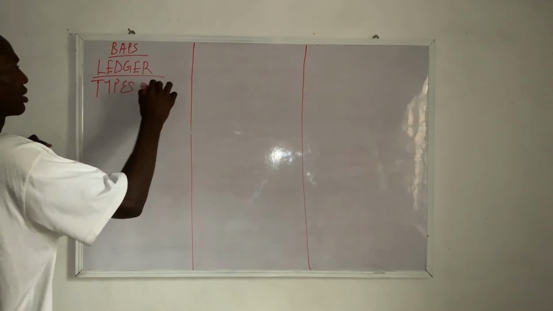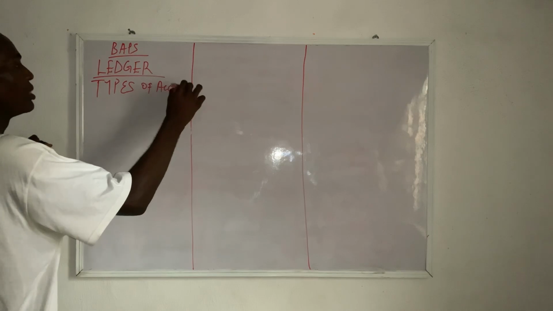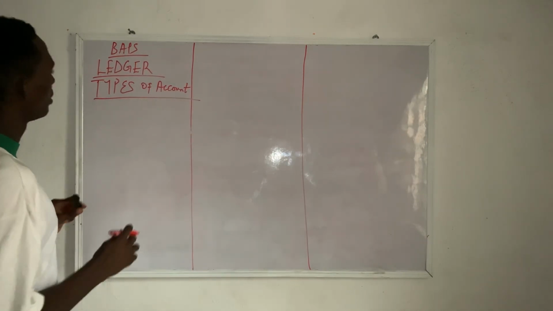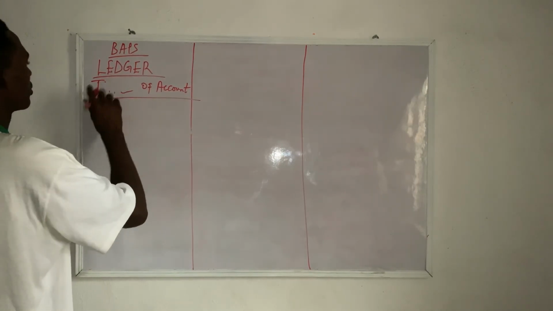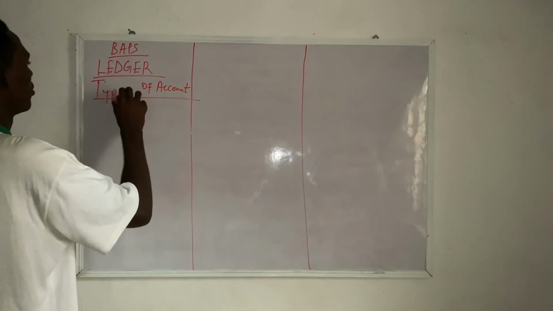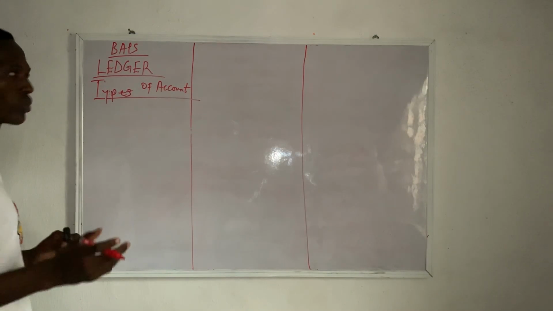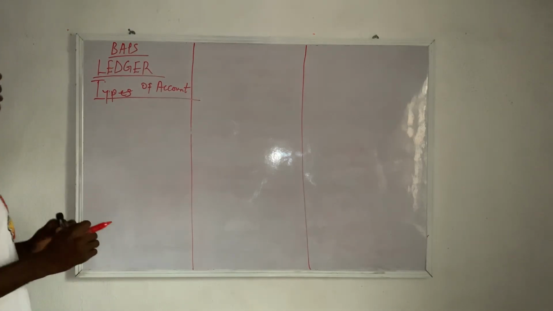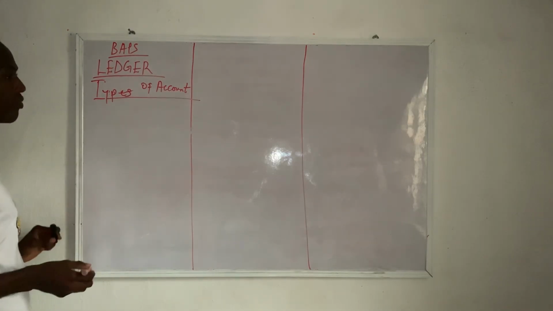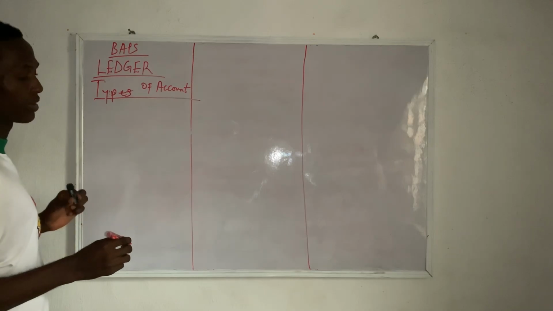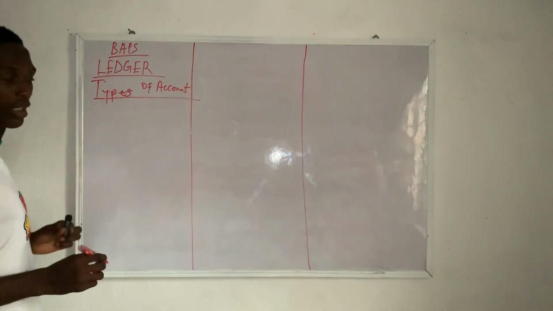So now we have types of accounts. Types of accounts, not ledger. So don't mix it up. Types of account is different from types of ledger. According to the basic accounting process study text, you have three: personal, real, and nominal account.